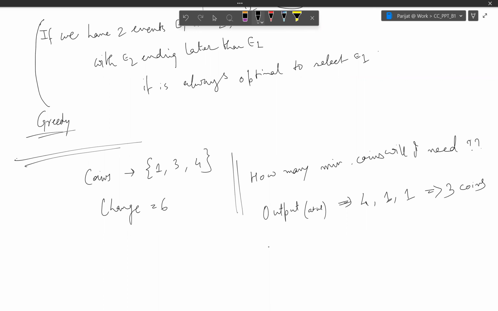Right? So can anyone else think of a better output? The actual output for this case would have been 2, where I would use 2 coins of denomination 3, right? So not necessarily doing a greedy from the largest available denomination will give you the right solution in this case, right? Your counter question can be, how did greedy work for the previous case but not in the current case?